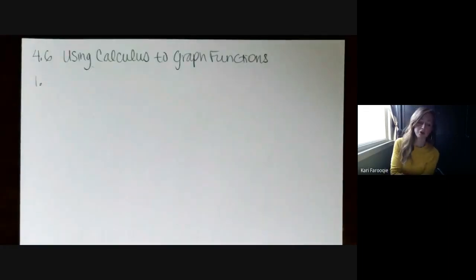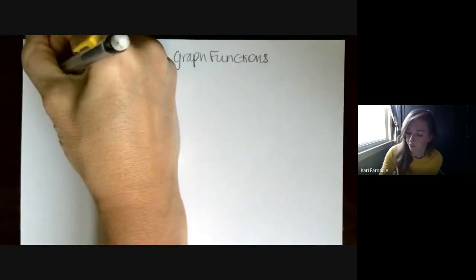Okay. So we're going to look for a series of pieces of information here. The first one is going to be the domain. So first, we're going to find the domain and any intercepts.